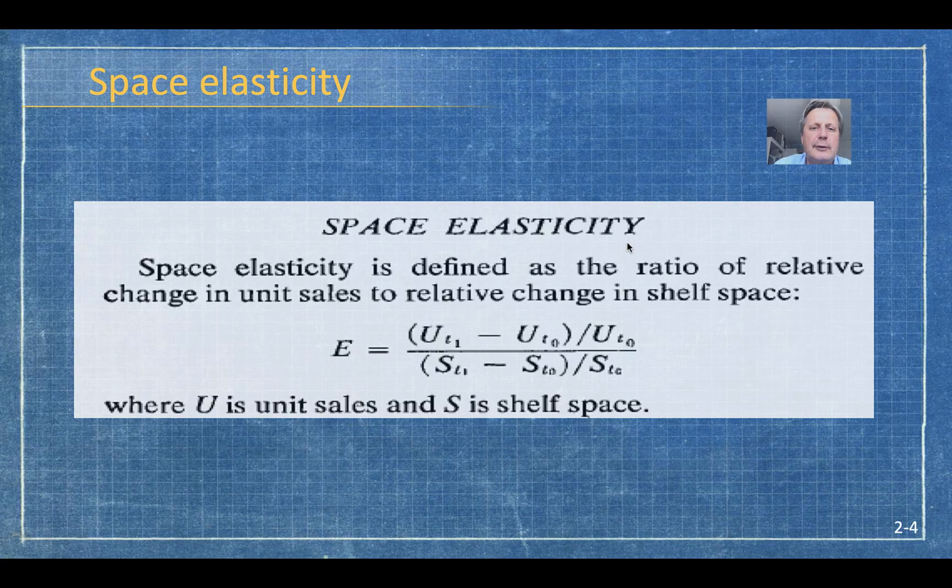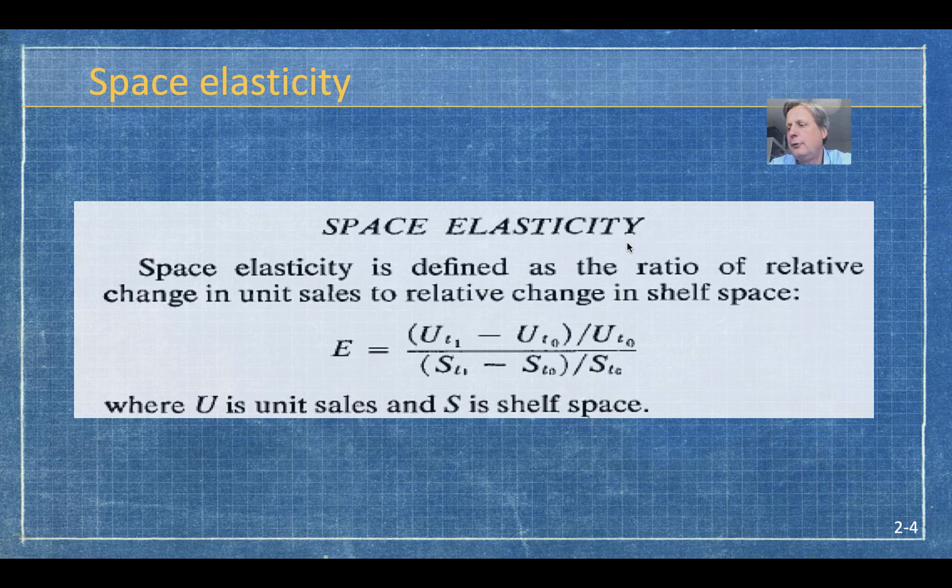First, some early studies, and first we need to talk a little bit about a model called space elasticity. Space elasticity is the increased sales that you expect from increasing the space of your brand.